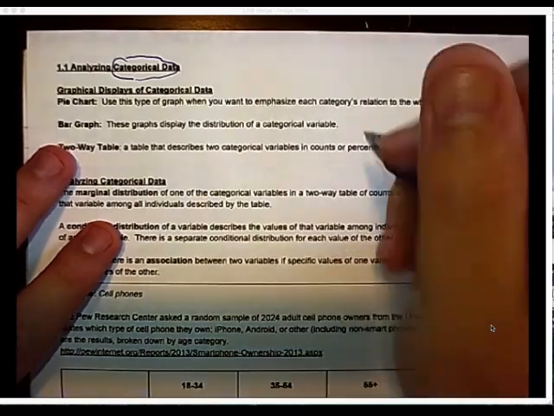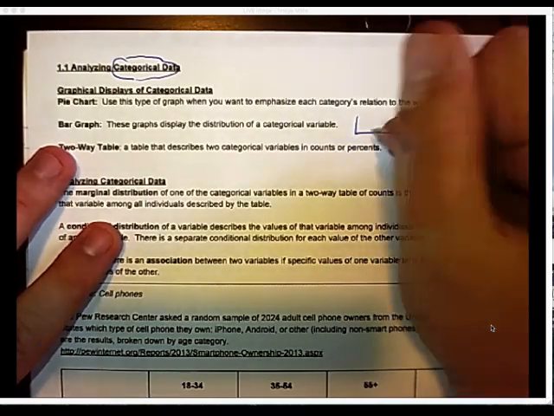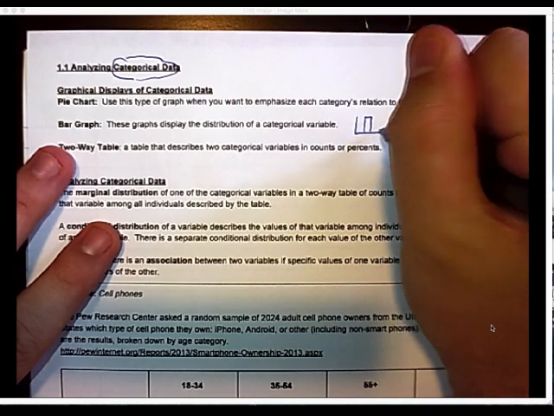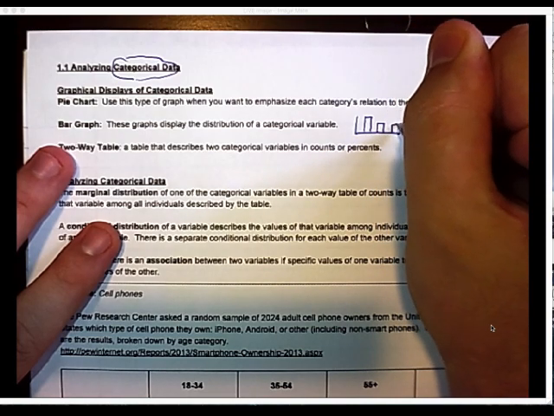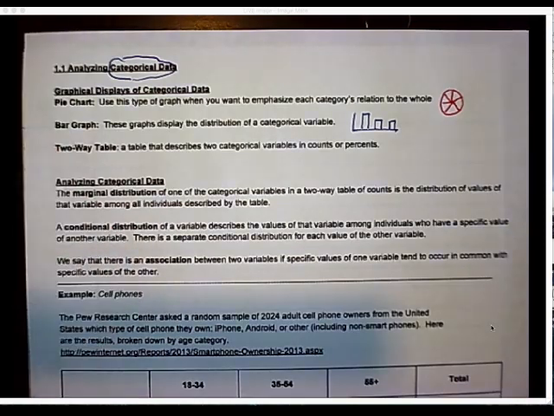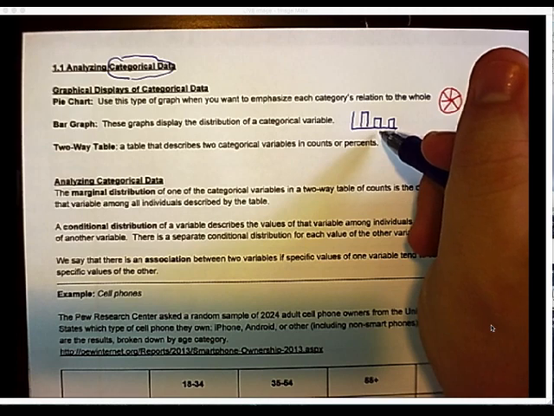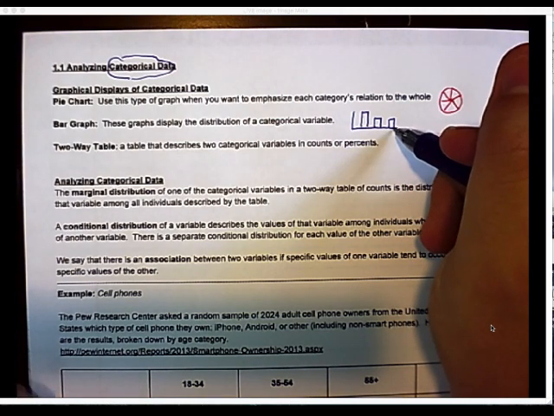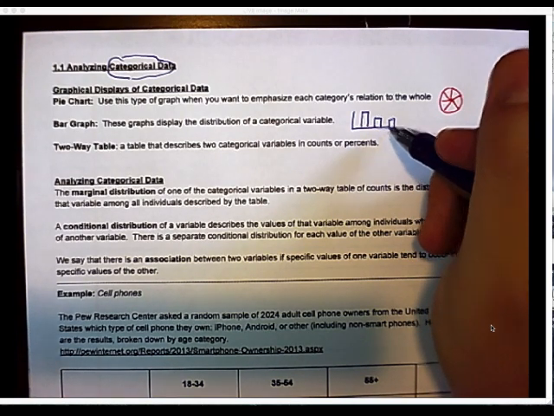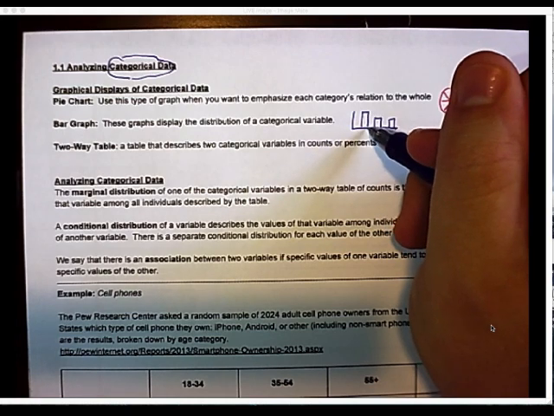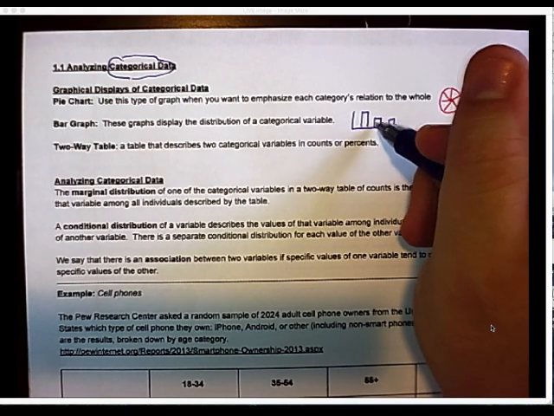On a bar graph, it kind of looks like that, but those don't necessarily add up to 100%. Maybe this is the customer satisfaction for Ford, Toyota, and I don't know, Hyundai. And maybe Ford's customer satisfaction is like 90%. Maybe this one's 80%.